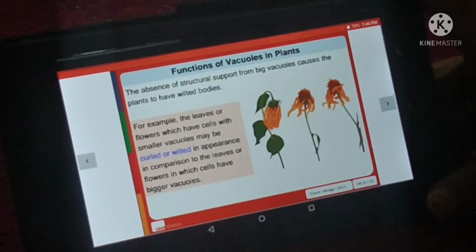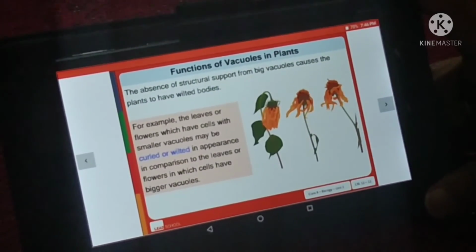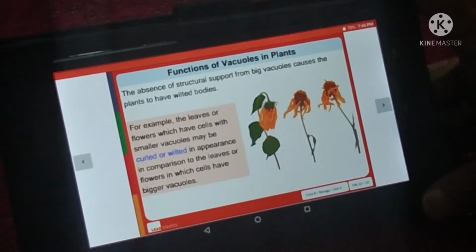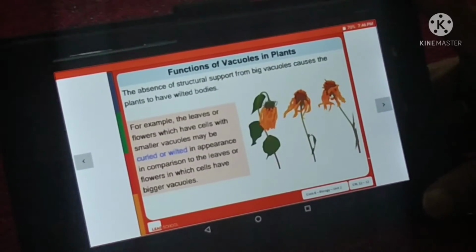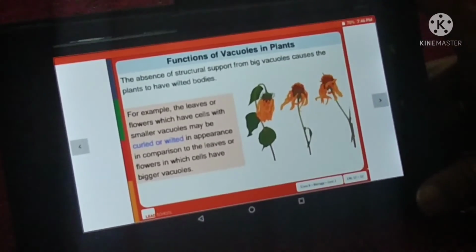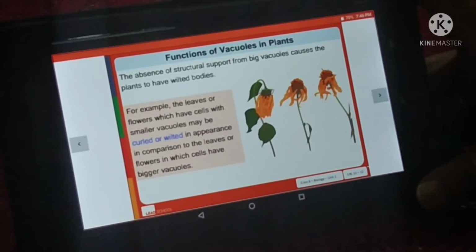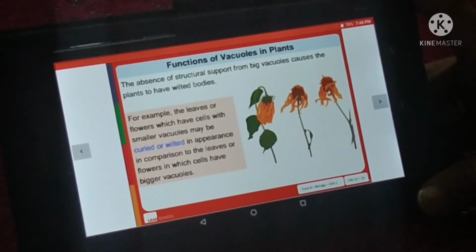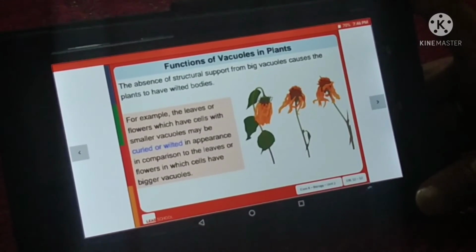For example, the leaves or flowers which have cells with smaller vacuoles may be curled or wilted in appearance in comparison to the leaves or flowers in which cells have bigger vacuoles.